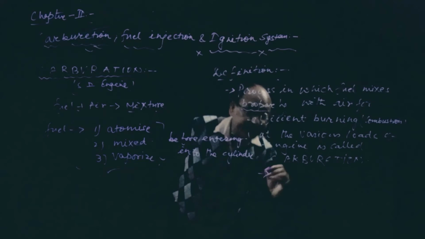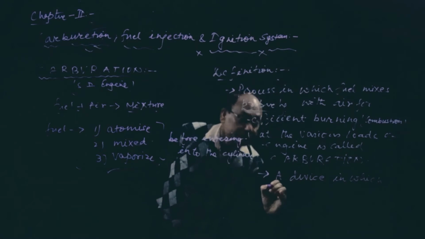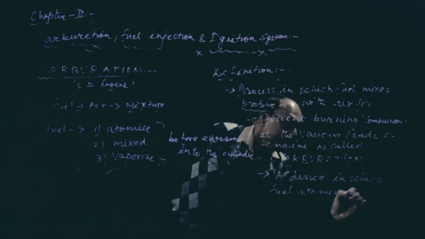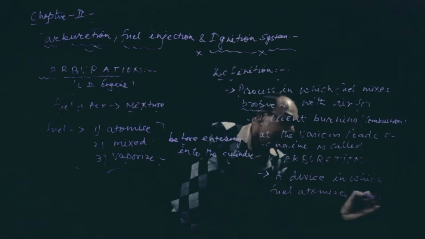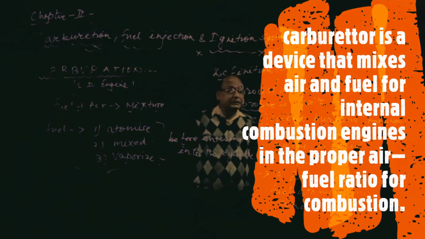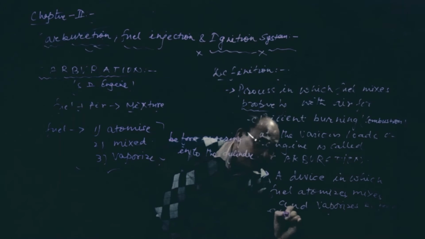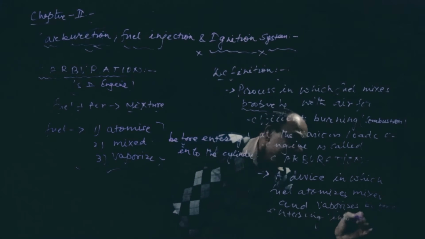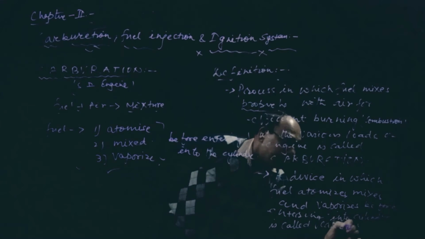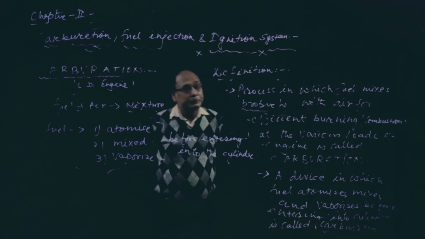Okay. Now, what is a carburetor? A device in which fuel atomizes, mixes and vaporizes before entering into the cylinder is called a carburetor. So the carburetor is a device where fuel mixes properly with the air before entry into the cylinder.